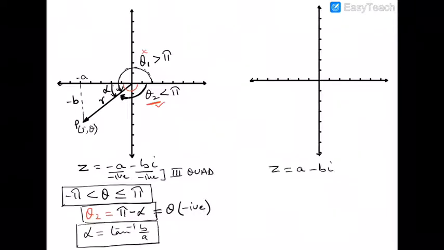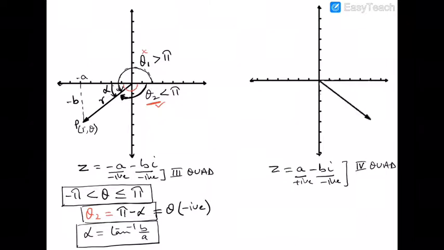Now let z = a minus bi, where a is positive and b is negative, so it will fall in the fourth quadrant. Again this line segment can make angle theta with the positive real axis in two different directions, one clockwise and one anti-clockwise.